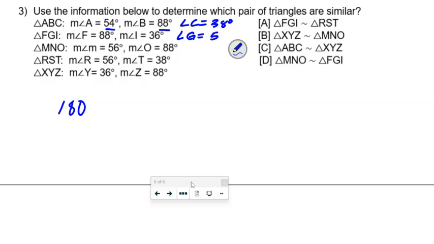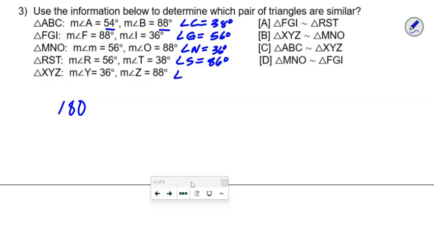That's 56 degrees. All right, 56 and 88 from 180 is, this is N, so this is going to be N, is going to be equal to 36 degrees. Then we've got 56 and 38. Subtract those from 180. We get that angle S is equal to 86 degrees.